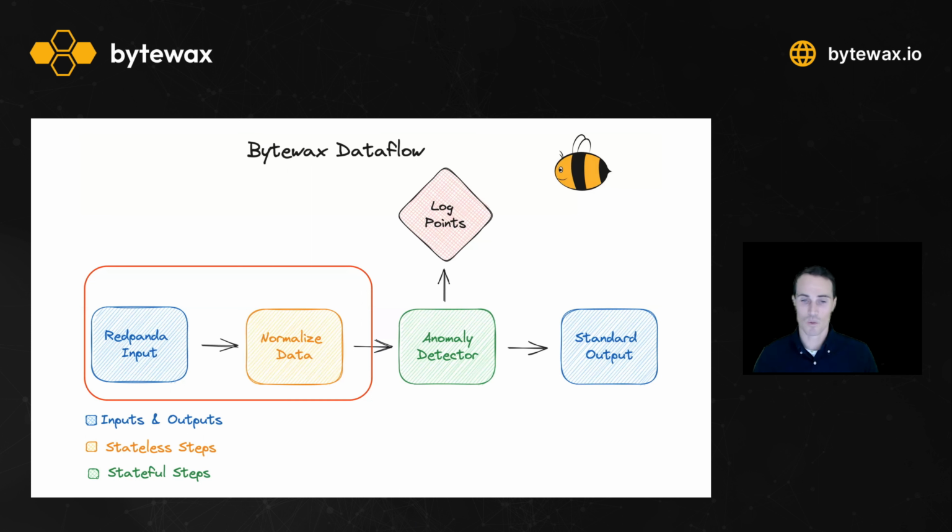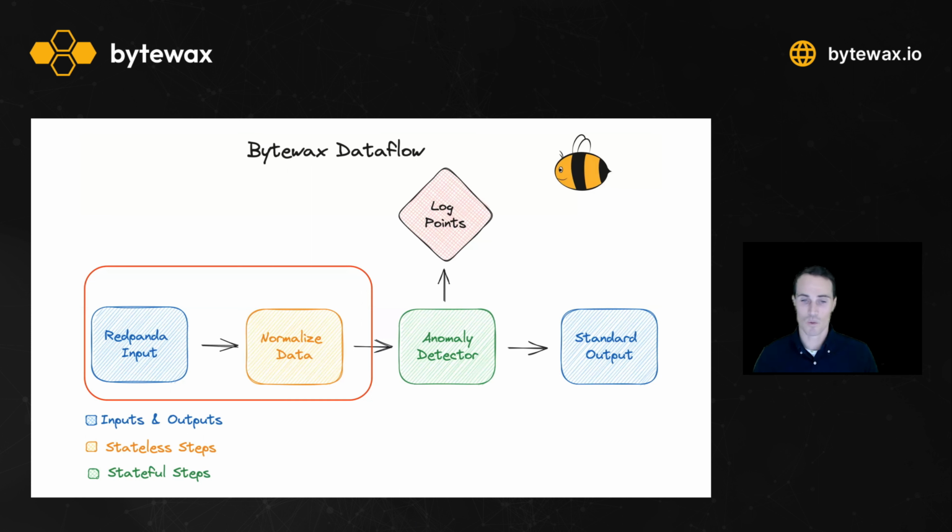In those steps, you have operators, and in an operator, you have a transformation. An operator essentially controls the flow of data through the data flow. You have stateful and stateless operators, and they can be a map or a filter, or an aggregation type of operator or a windowing type of operator. Then you write the logic as Python code inside of that on how you're going to transform it.